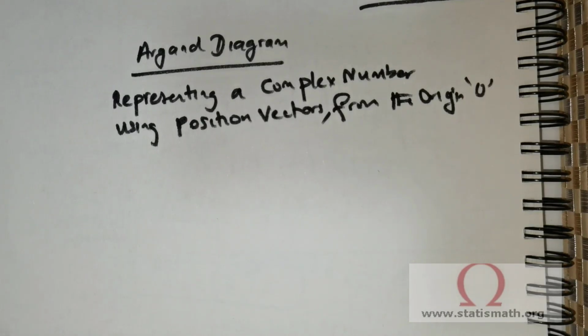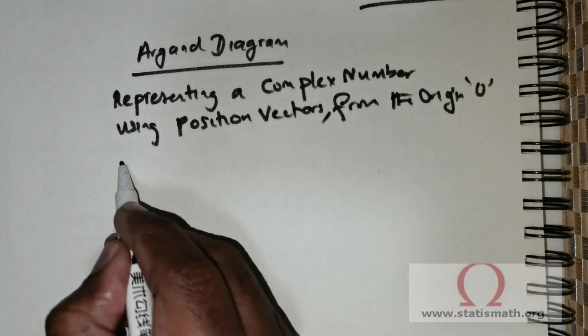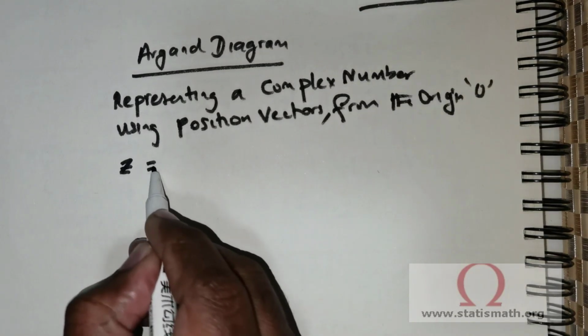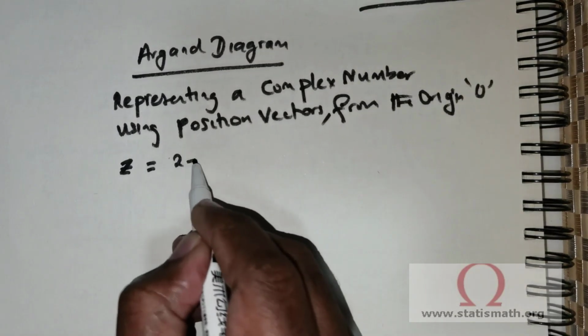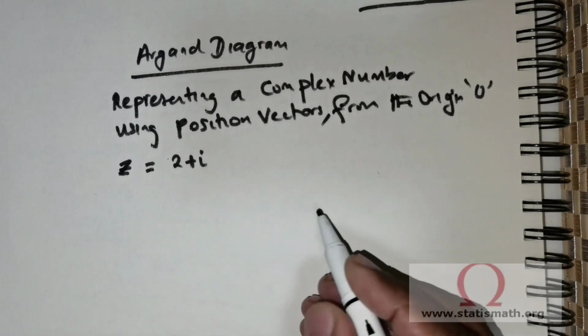Using position vectors from the origin O. So, for example, you are given, say, z is equal to 2 + i.